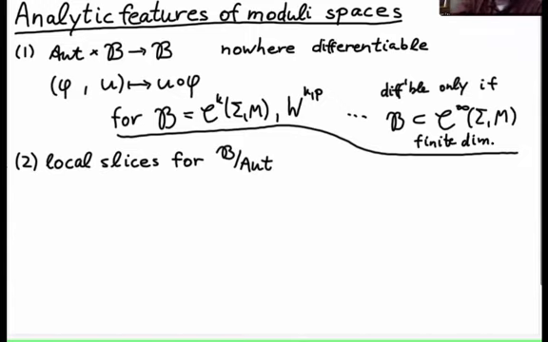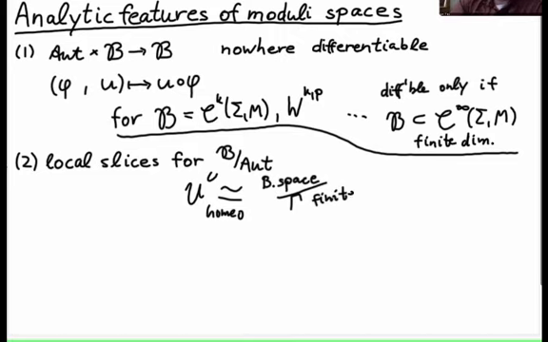However, there actually are something called local slices. A local slice means an open set in here that is homeomorphic to a finite quotient of a Banach space, so something like a local orbifold chart.